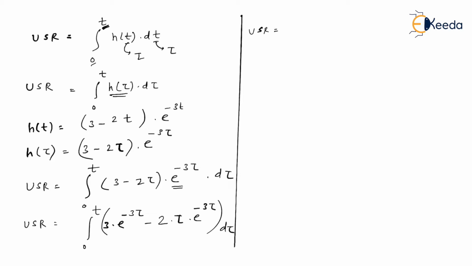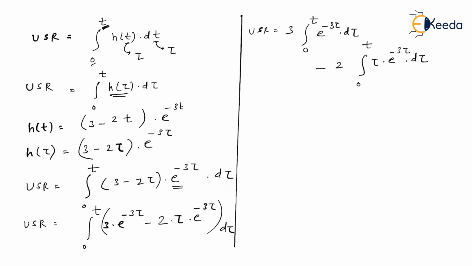So let us separate these two integrations. I'll take 3 as constant out and I'll integrate from 0 to t e to the power minus 3 tau d tau, minus, I'll take 2 out and it is integral over 0 to t tau times e to the power minus 3 tau d tau.